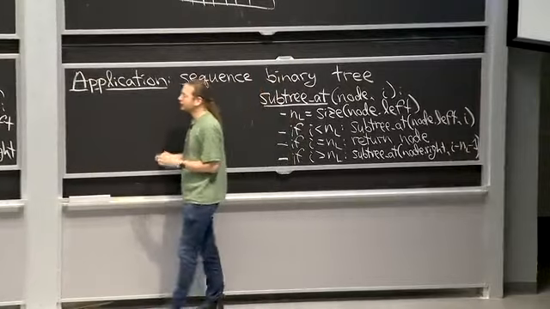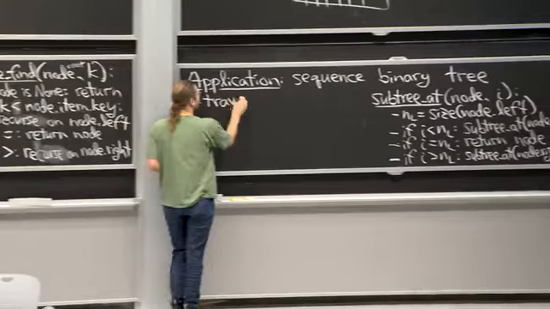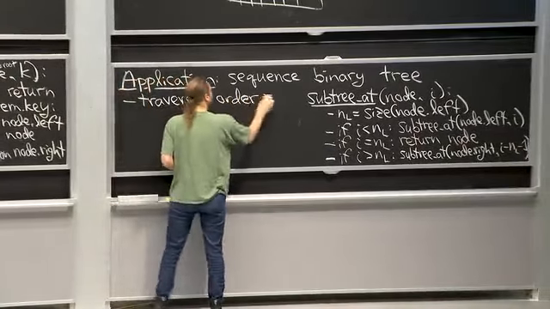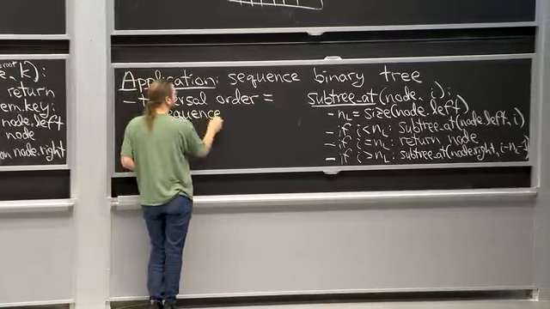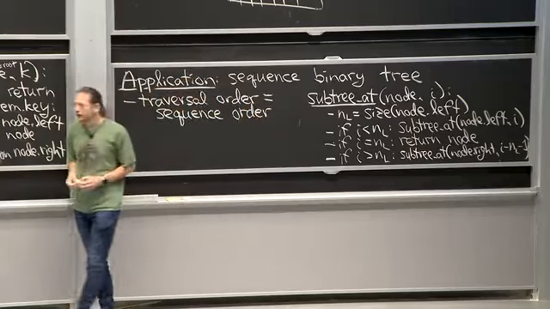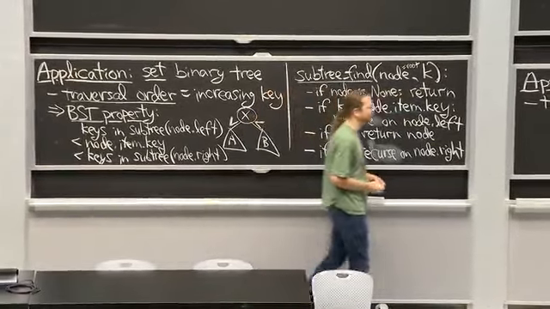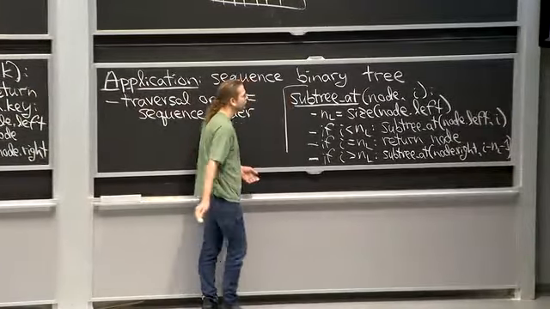Suppose I have a binary tree, and what I would like, as mentioned at the end of last time, is for the traversal order of my tree to be the sequence order, the order that's changed by operations like insert at. I'd like to do the same thing, but now I have to think about how to do a search, how to do an insert at, that sort of thing.